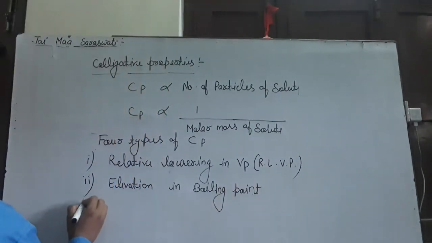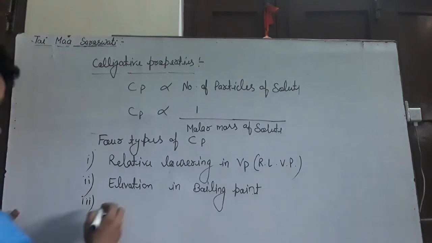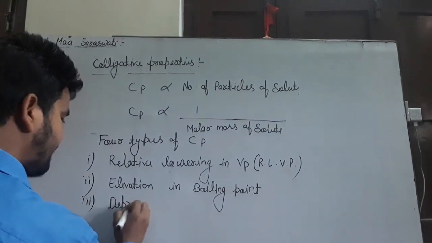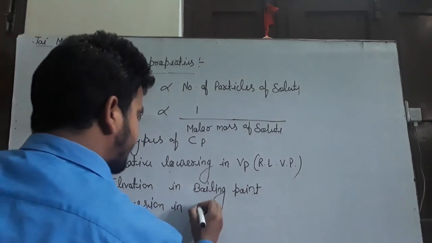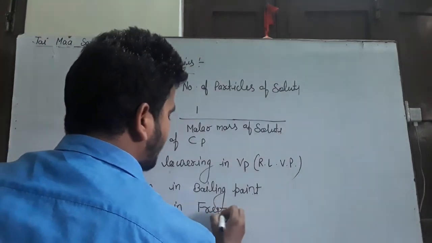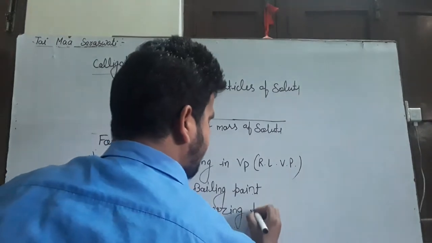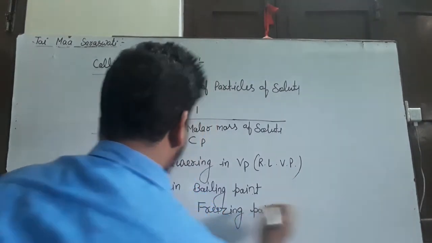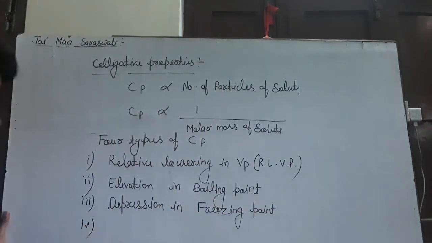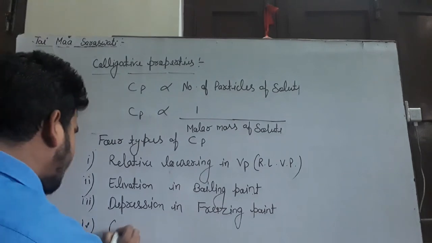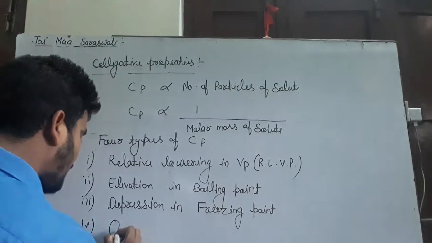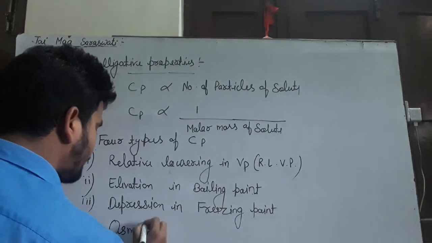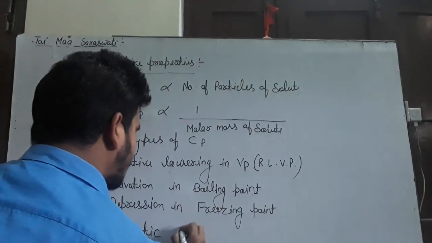Third property is depression in freezing point. And the fourth property is osmotic pressure.